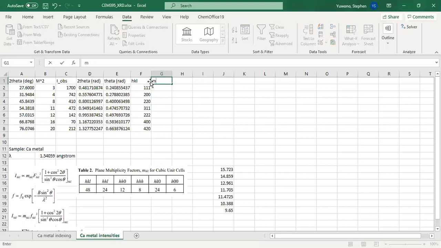Now we need to check what is the multiplicity of each of these planes. The multiplicity arises from the fact that if you turn each of these numbers negative, so for example, if I have negative 1, 1, 1, or 1, negative 1, 1, the diffraction angle coming from that plane is going to be the same as the 1, 1, 1.